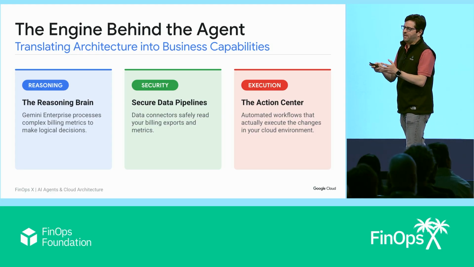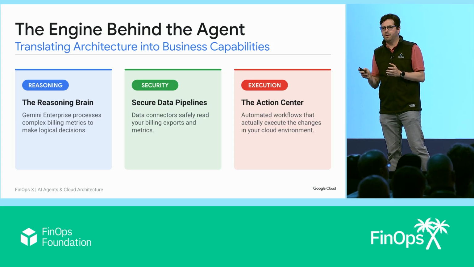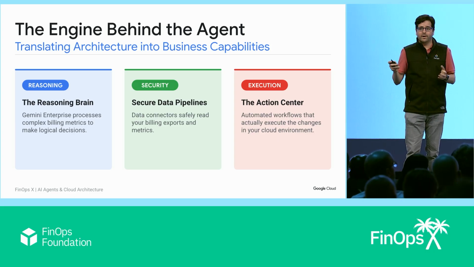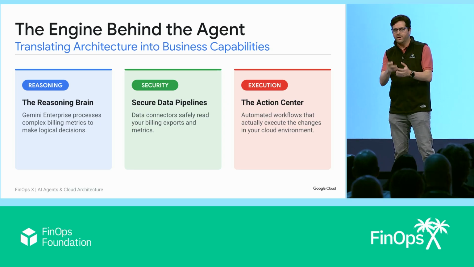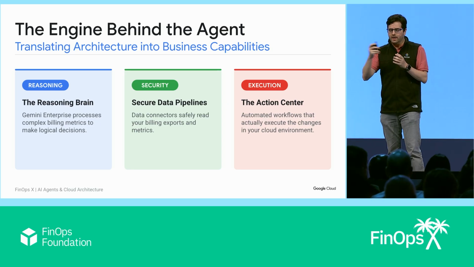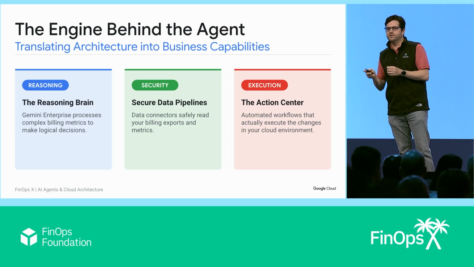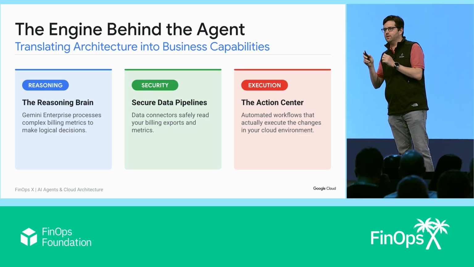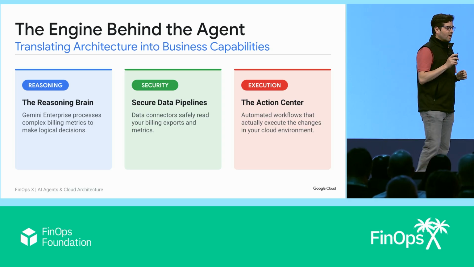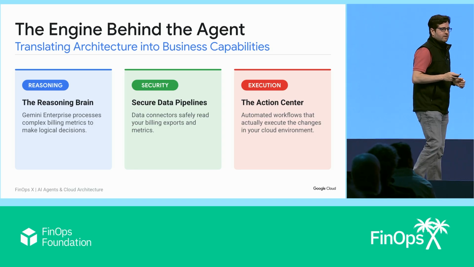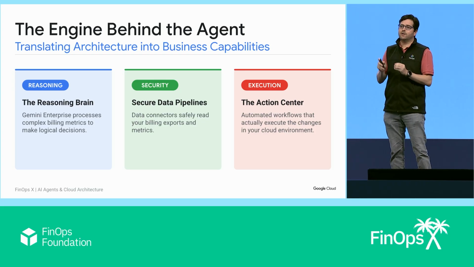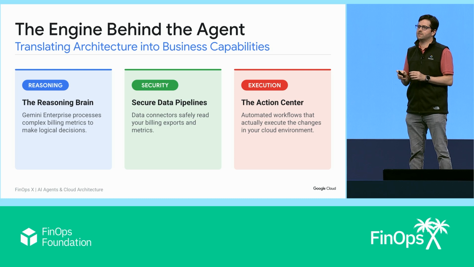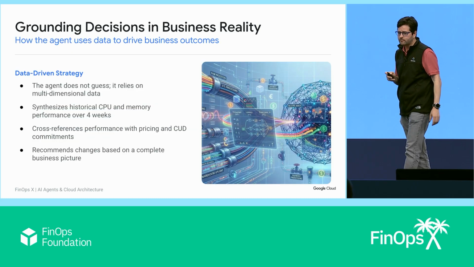We have secure data pipelines with data connectors that safely read data from cloud billing, from BigQuery, from different systems, following the IAM permissions and making sure that data is accessed the way you want it. And finally, there's the Action Center. We have built an automated workflow that can go ahead and execute those changes in your environments.